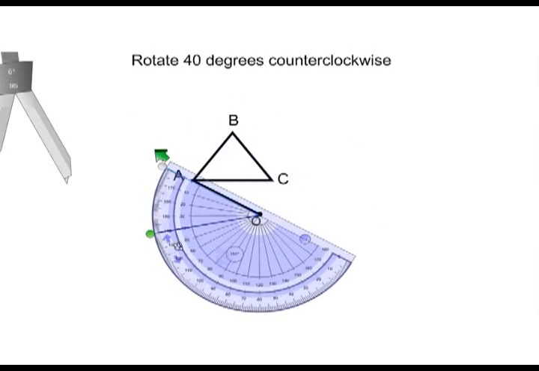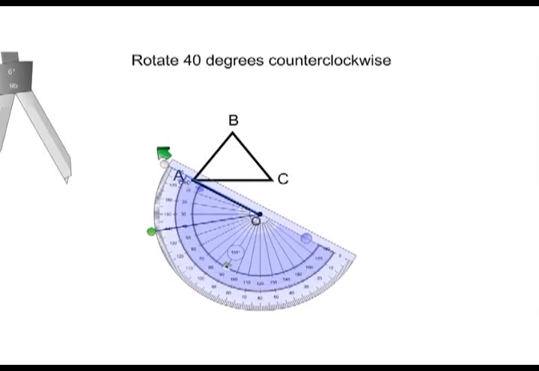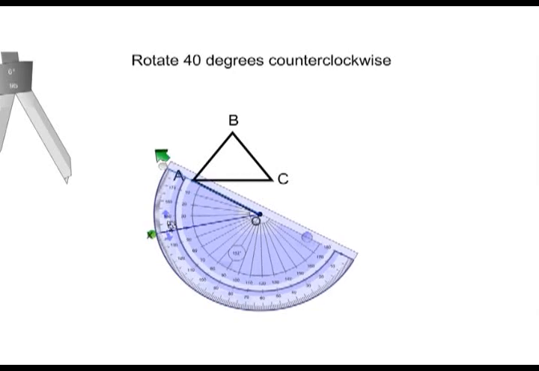Now rotate that so that the line OA matches the horizontal line on the protractor. Yup, there. 40 degrees is here. Remove the protractor and draw that line.